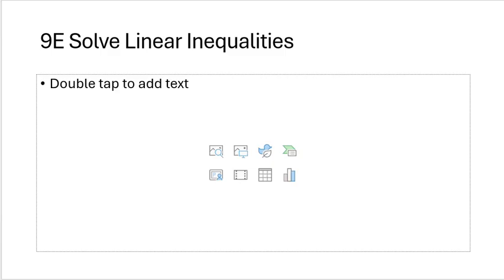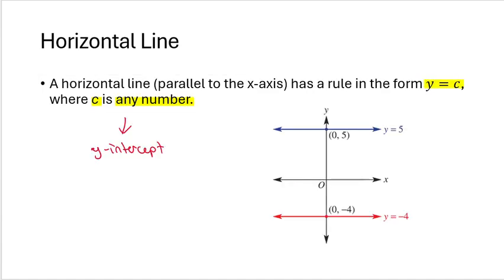Solving linear inequalities. Okay, there's some lines that you need to know, some special lines right here. Horizontal lines, parallel to the x-axis. It has a rule in the form y equals c. This is really important. You need to know that.